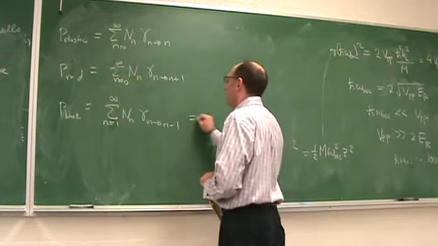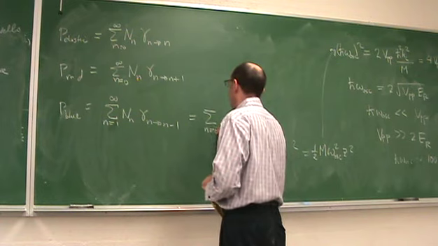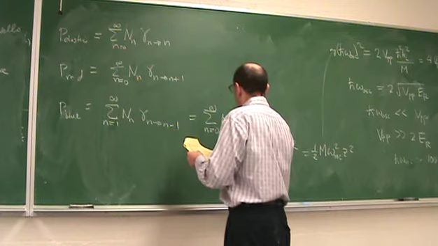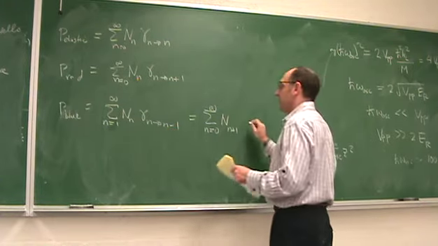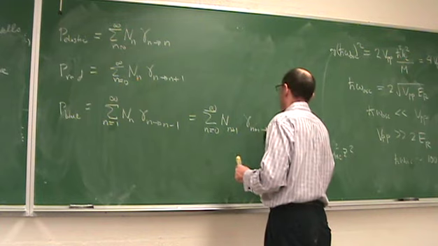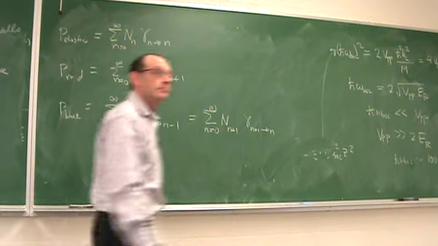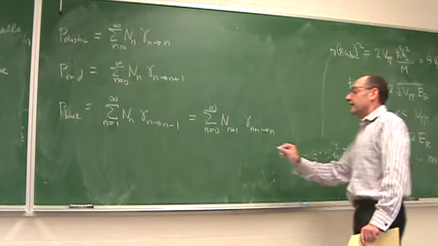Now I can restart this, relabel it, start it at n equals 0 and just increase the index by 1. Okay? That's just a relabel. And moreover, from this expression, we see that this is symmetric because it depends on the square of this matrix element. So this is equal to gamma m to n.